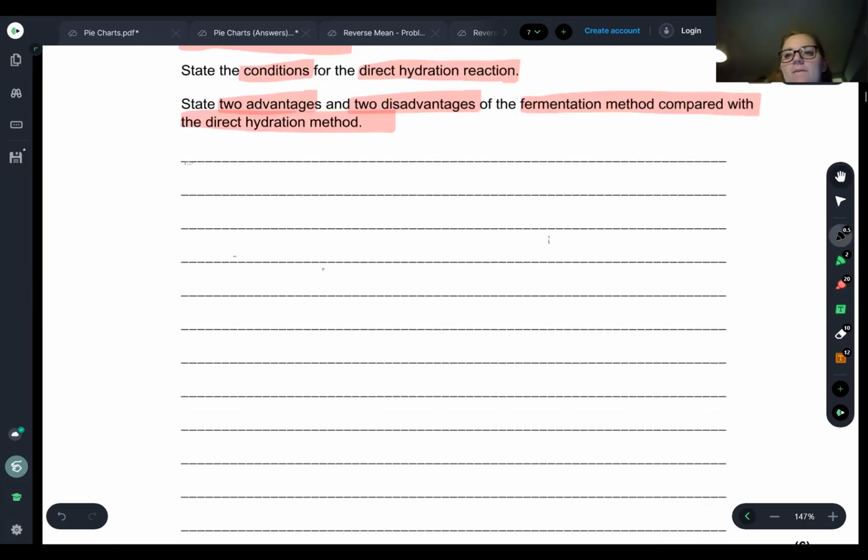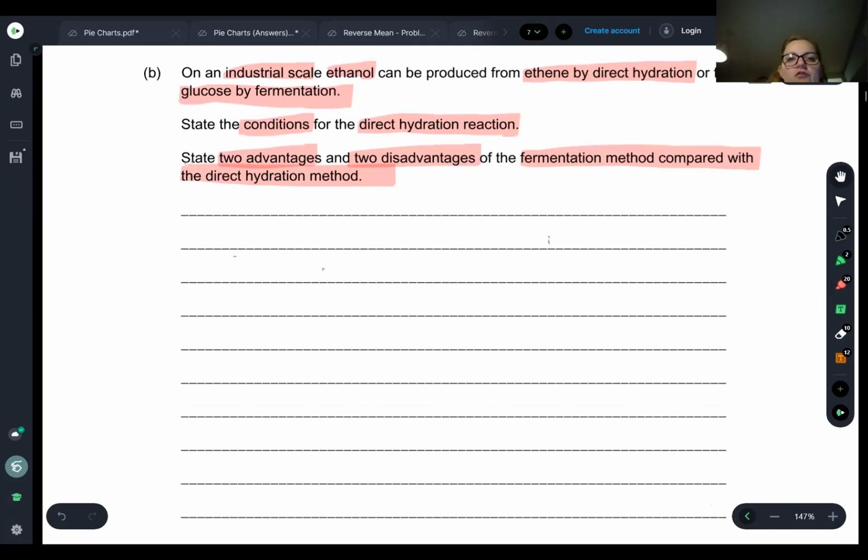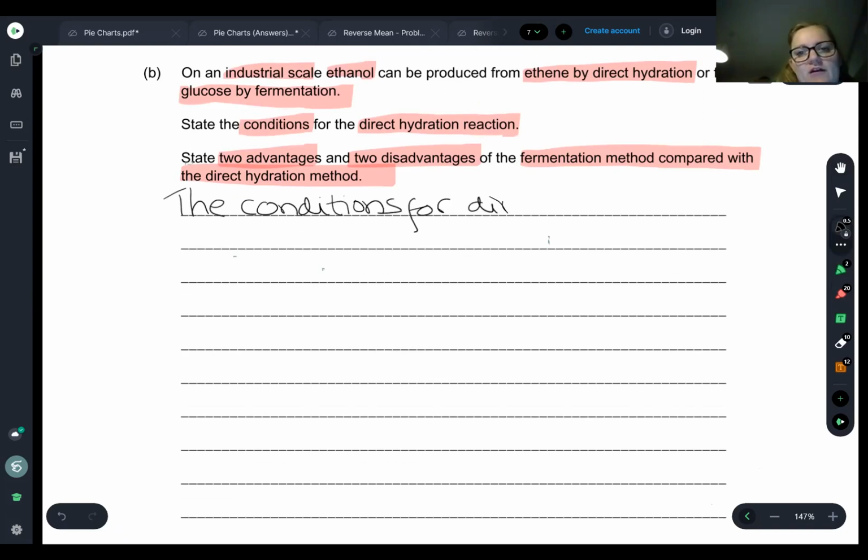So first thing you're going to do is the first part. State the conditions for the direct hydration reaction. The conditions for the direct hydration reaction are, and there's 2, and you'll get 2 marks for both of them.